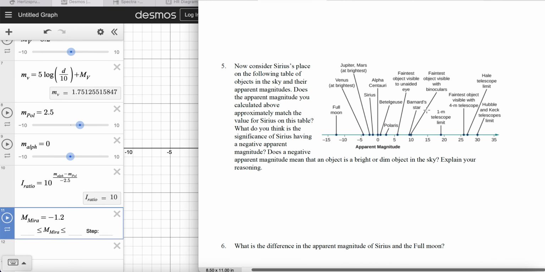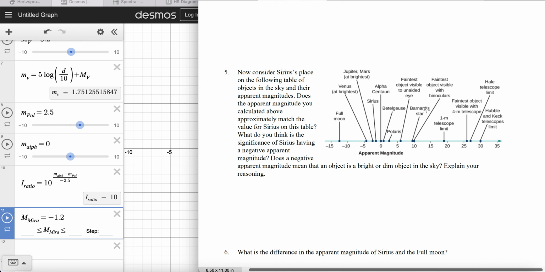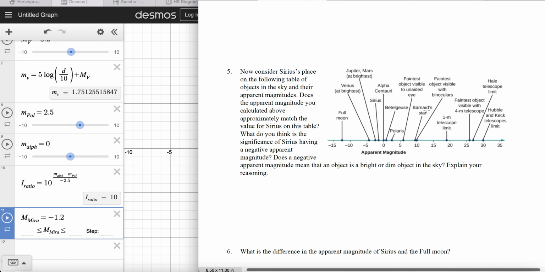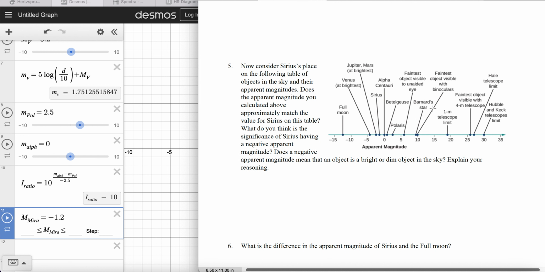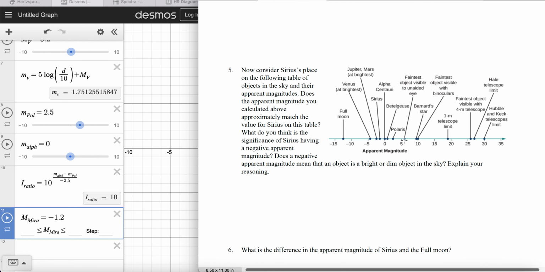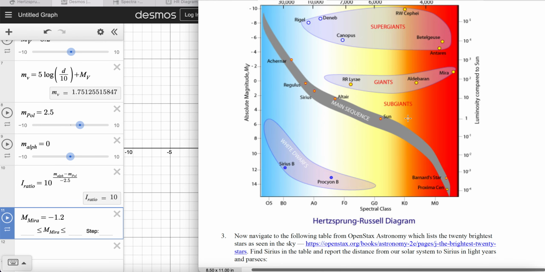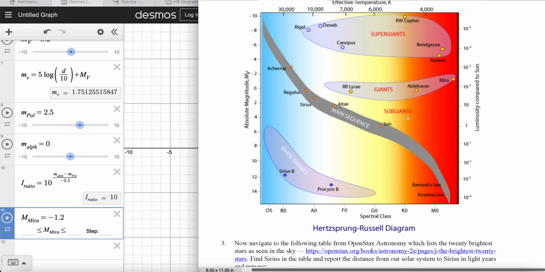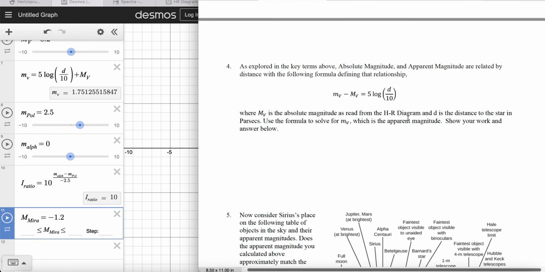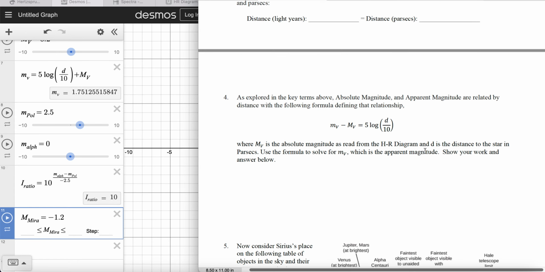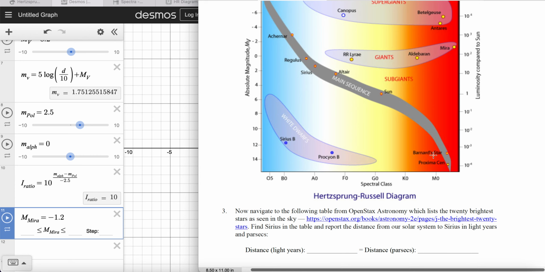All right, so let's see. Oh, but I wasn't thinking, because Mira is not on this one. I need one that's on both of them. So, is Polaris on both the tables? Probably not. Okay, well, let's check again. Alpha Centauri might be. There we go, Barnard's Star, perfect, look at that.